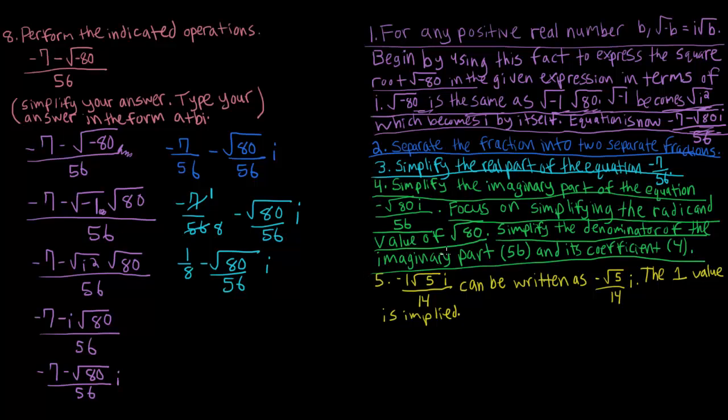So there's a few steps here. The first thing is to focus on the value in the radicand. We want to simplify that. So 1 over 8 minus. Now we want to simplify square root of 80, so we need to find multiples of that.